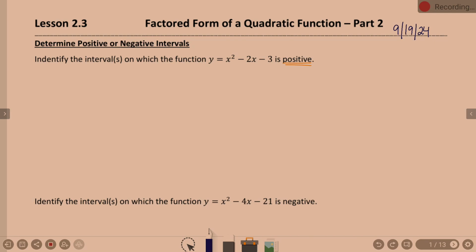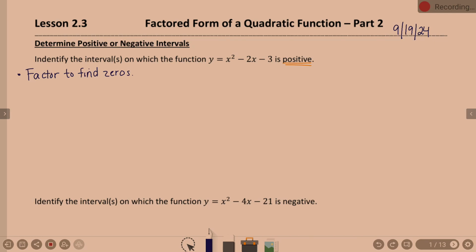As we go through this first example, I'm going to write some notes here that you can go back and look at to help explain what we're doing. The first thing we're going to do is factor to find the zeros, where the graph changes. So this is step 1: factor to find zeros. When I say find zeros, I mean where the graph crosses the x-axis and turns from positive to negative or vice versa.